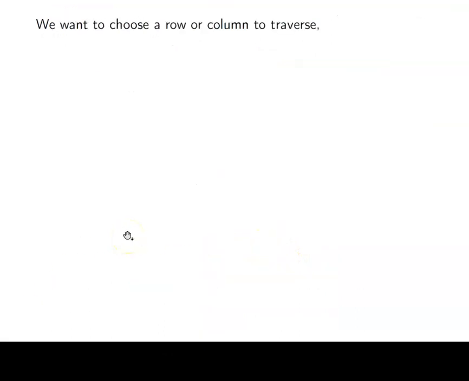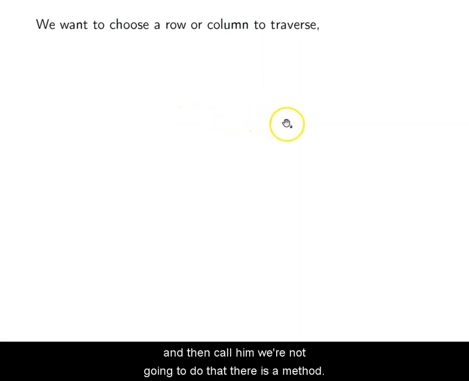Okay. So based on what our matrix looks like, we're going to choose either a row to go across, any row, or a column to go down, any column. But we're not going to go down a column a little bit and then a row for a little bit and then a column. There is a method that you can use to do that.